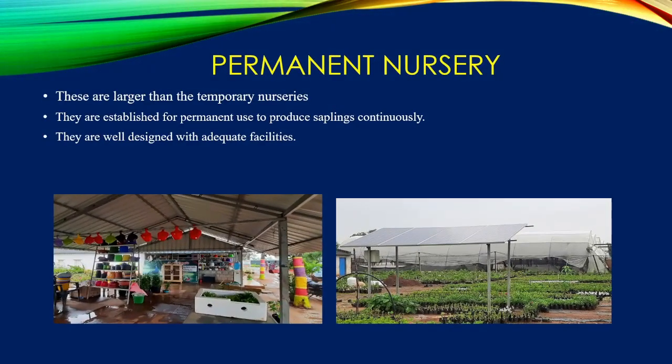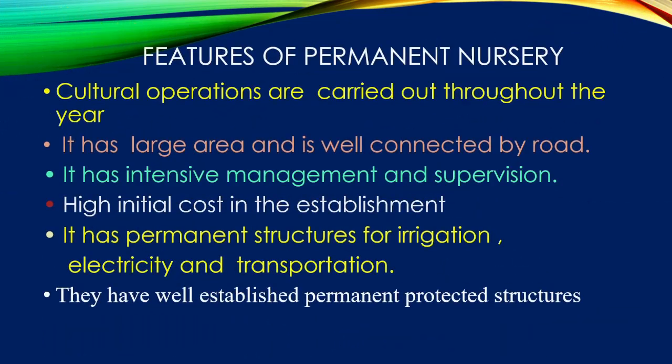Next, permanent nurseries. These permanent nurseries are usually larger than the temporary nurseries. They are established for permanent use to produce saplings continuously throughout the year. They are well designed with adequate facilities. Some of the features of permanent nursery are: cultural operations are carried out throughout the year.